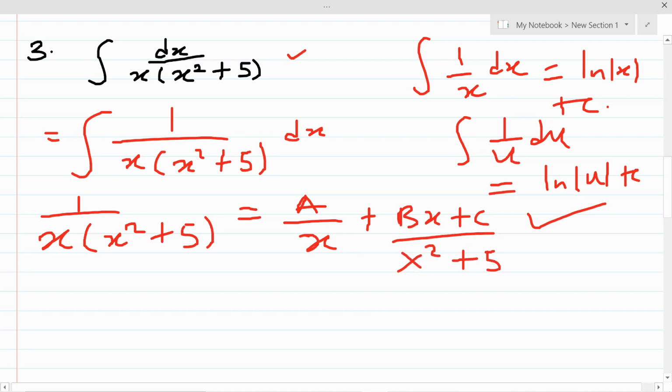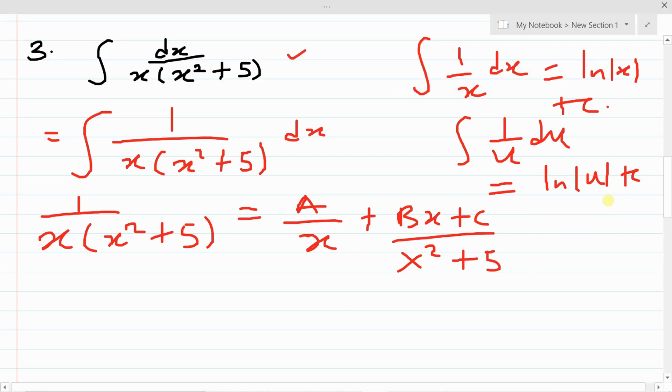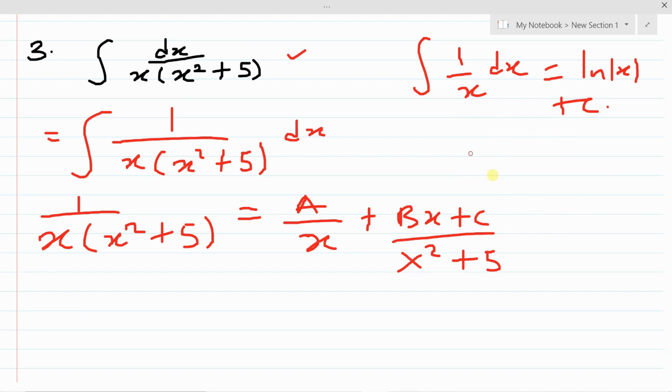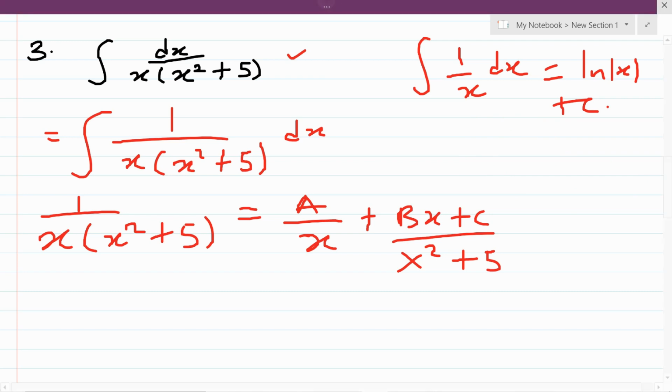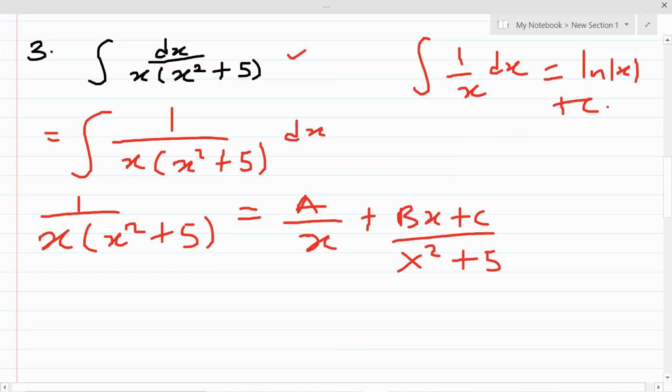I'm sure that by now you know how to deal with partial fractions. If you don't, please kindly remind yourself of that.